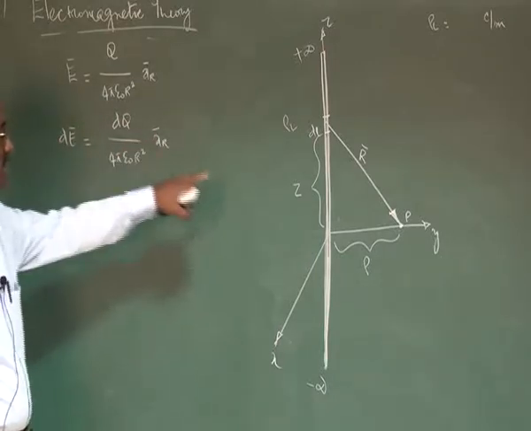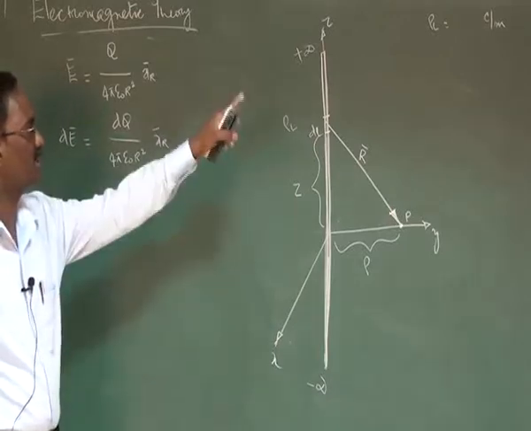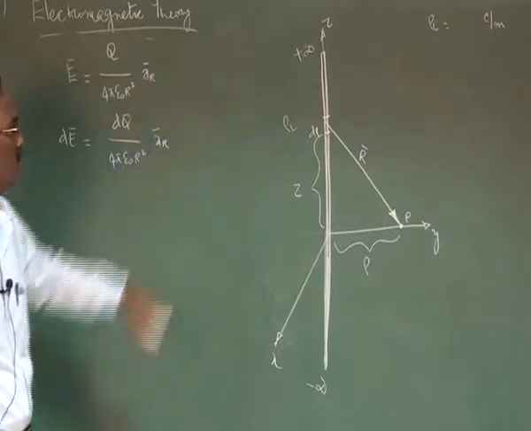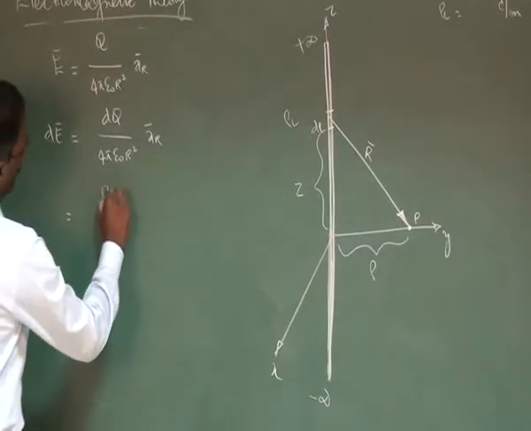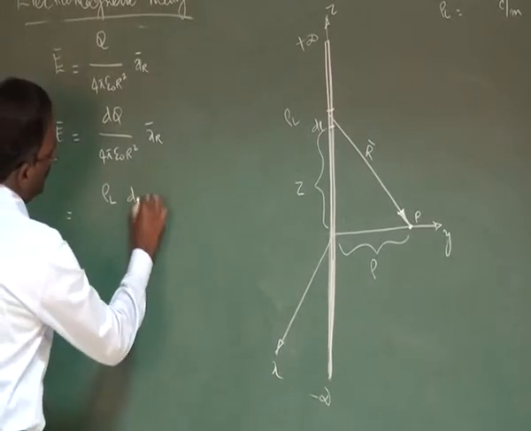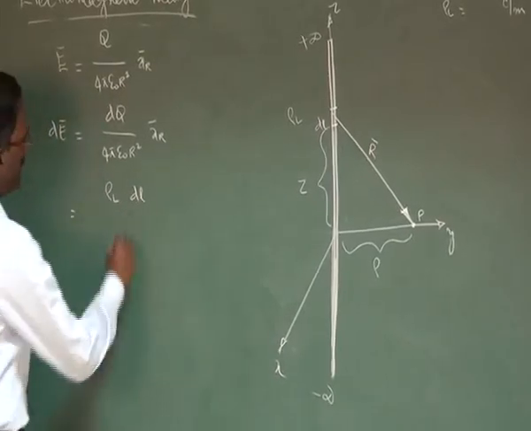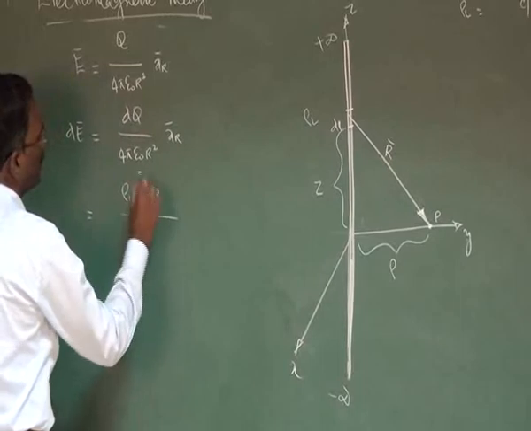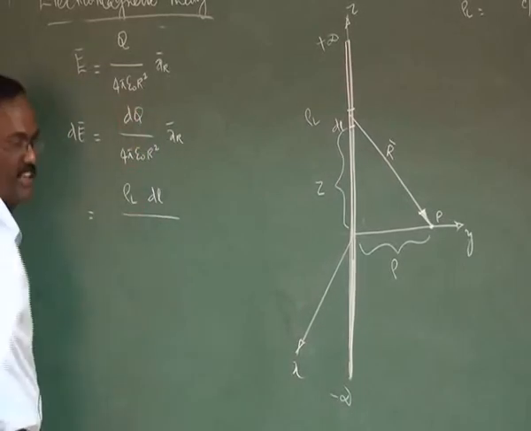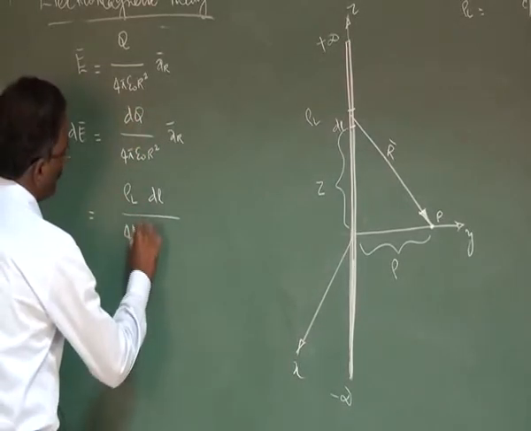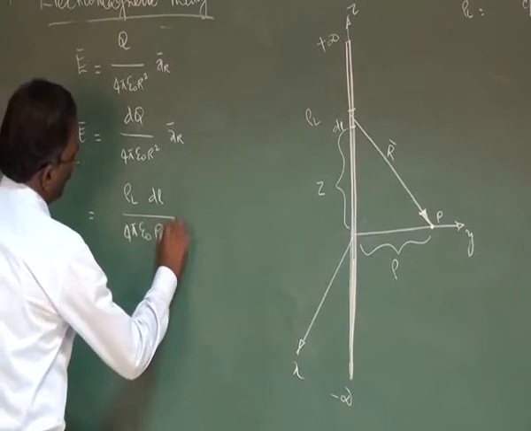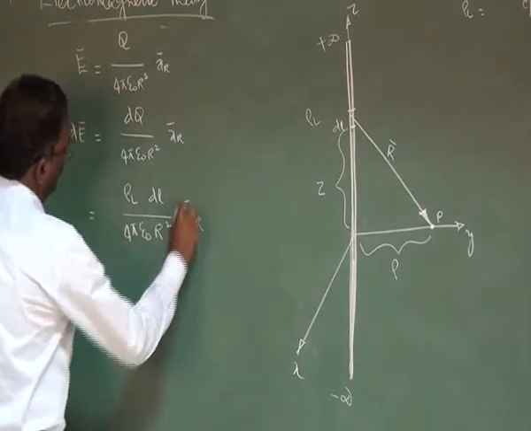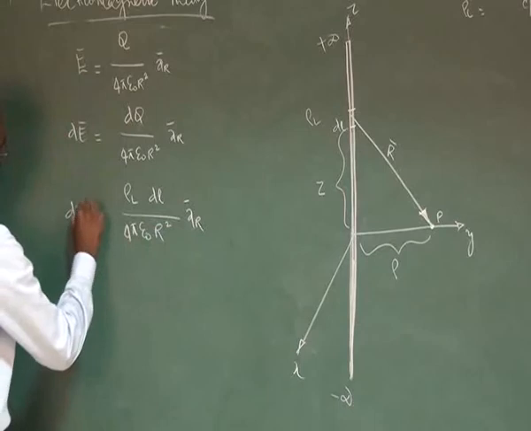But it is not the point charge, we have considered a line charge. So instead of Q, I must use rho L. If I write rho L, dl will also come into the picture. So rho L dl has been written instead of dq, over 4 pi epsilon O r square a r bar, right? This is again dE bar.